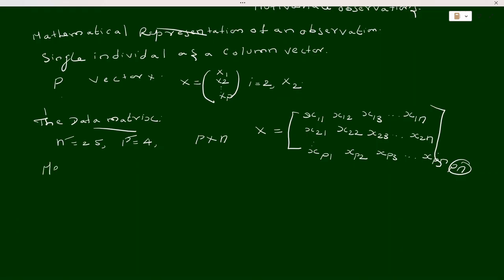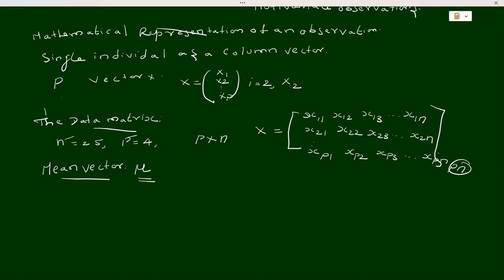It is represented as mu. The average of all observations represents the center of the data cloud in p-dimensional space.